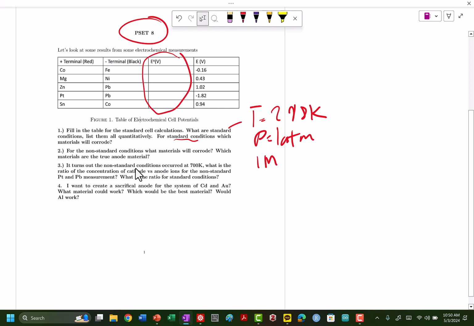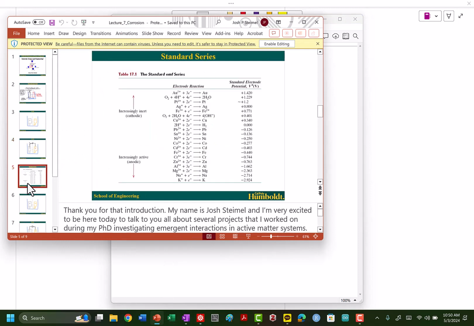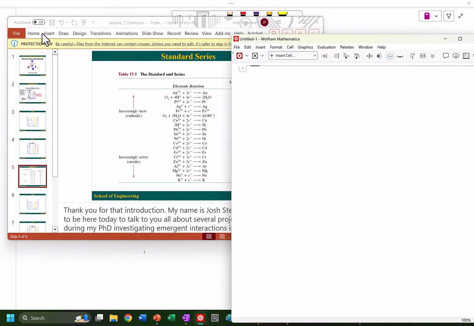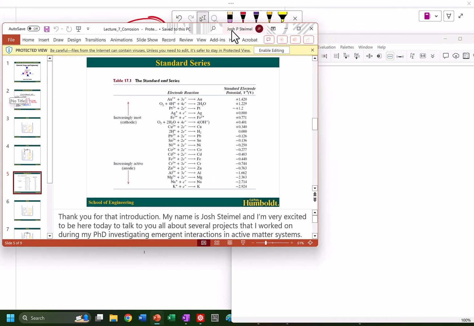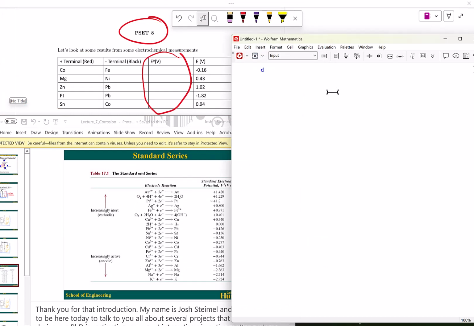What we're going to have to do is bring up Mathematica and our little table of potentials. So what are our materials here? Co is equal to minus 0.277. Fe is equal to minus 0.440. Mg is equal to minus 2.363.